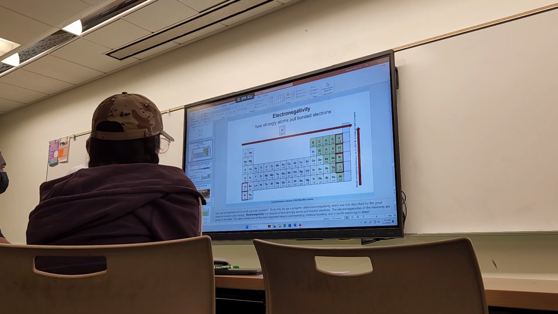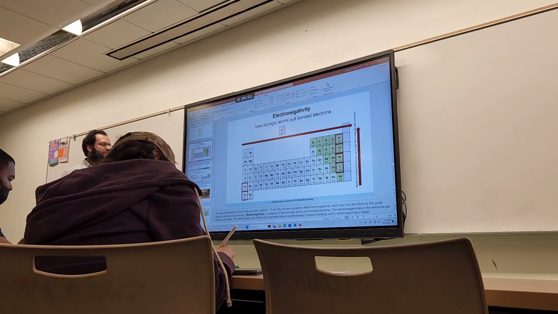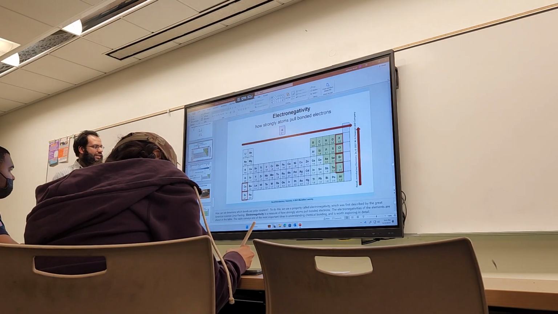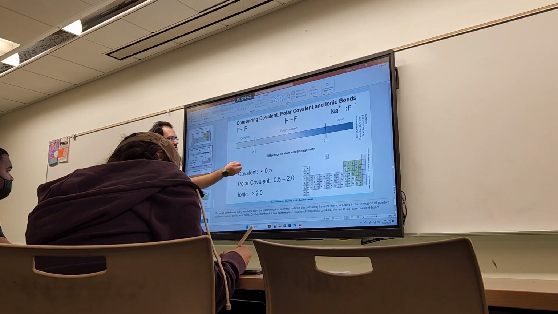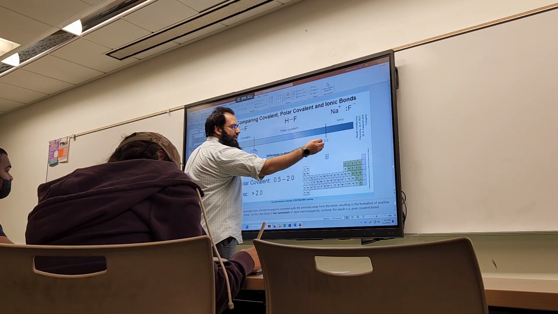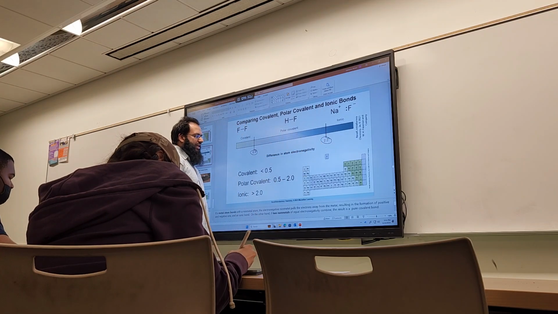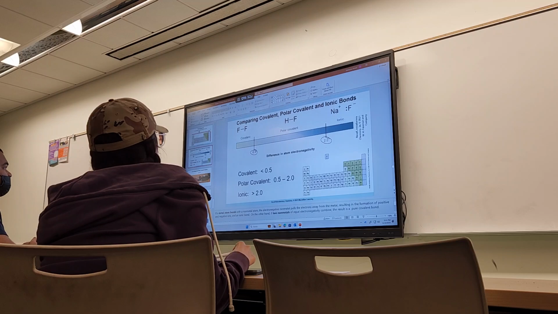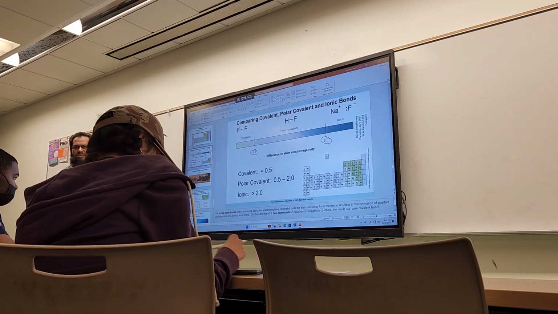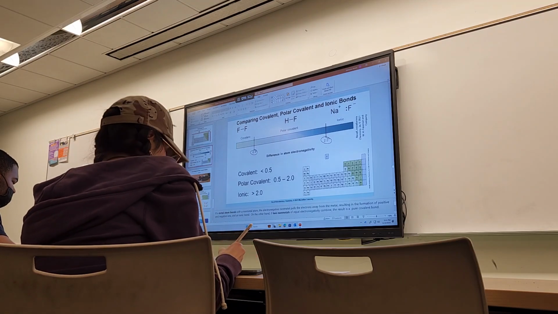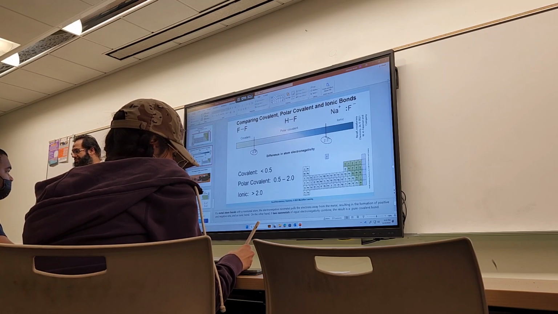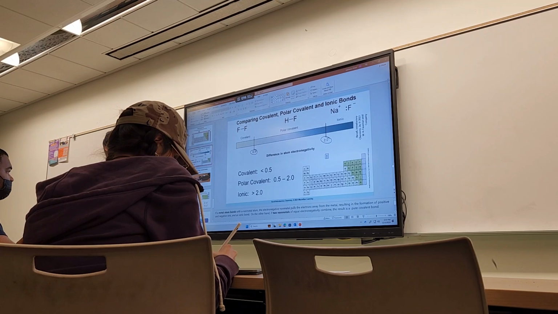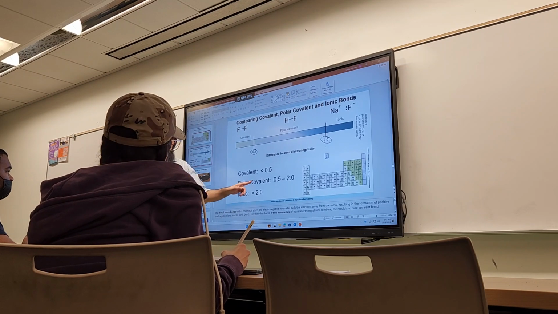Then we talked about polar bonds, which is when you have an unequal sharing of electrons. In this case, what you need to know is the numbers 0.5 and 2. If it's less than 0.5, it is covalent. If it is anywhere from 0.5 to 2, 0.5 included, it is polar, a polar covalent.